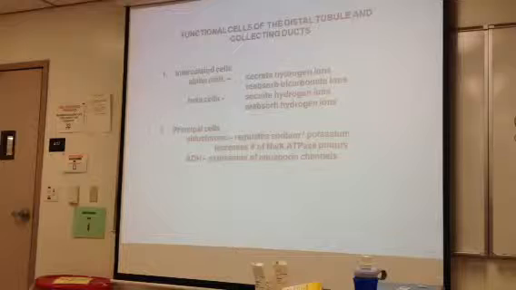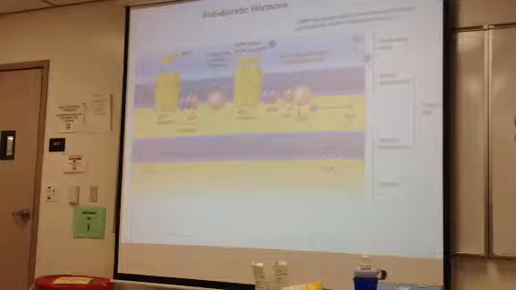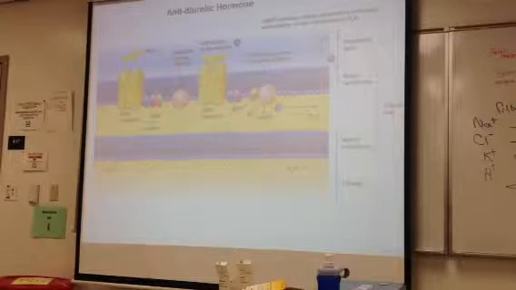So antidiuretic hormone is going to affect the aquaporins. Antidiuretic hormone and aquaporins go hand in hand. So here's the G protein hormone. Anybody remember what part of the body synthesizes antidiuretic hormone?